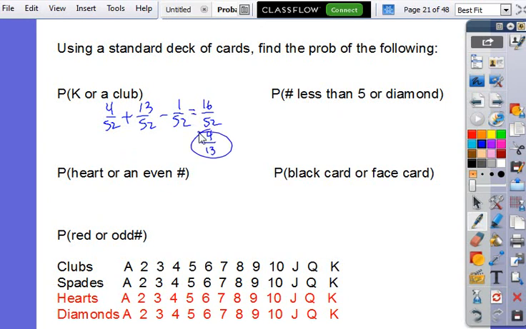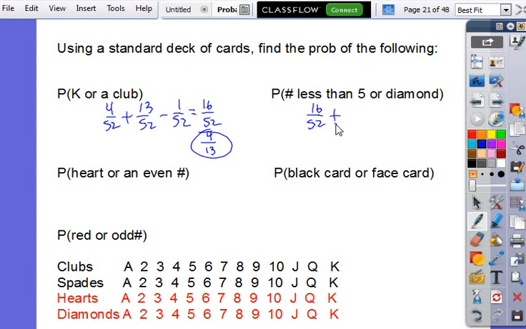Alright, the second one. Probability of a number less than 5 or a diamond. Mutually exclusive or overlapping? Overlapping, because it can be less than 5 and a diamond. How many numbers are less than 5? 16 cards that are less than 5. Or a diamond.